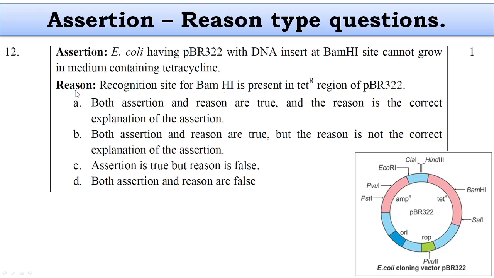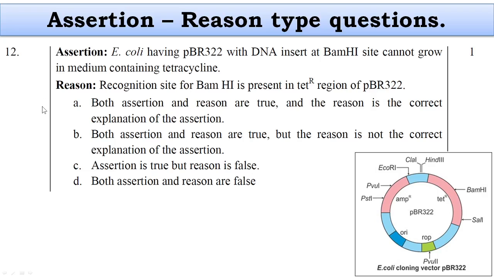The reason is not the correct reason for the assertion. If such a statement arises, you have to choose option B. Sometimes both of them are correct and the reason is the correct explanation for the assertion. During that time, you have to select option A.